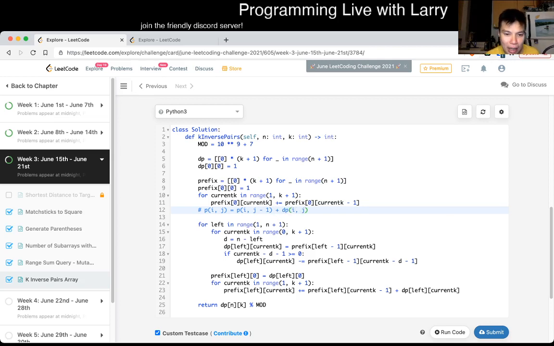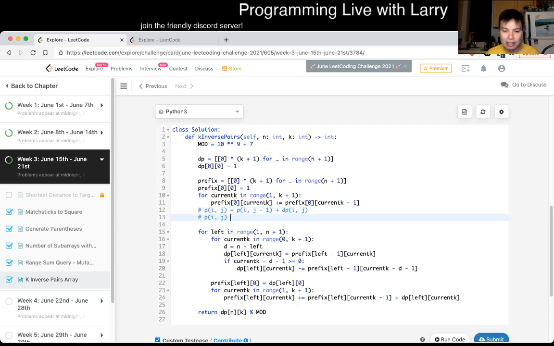And what does this mean, right? This means that if you expand it out, then P of i j is equal to dp of i j minus 1 plus dp of i j plus P of i j minus 2. So this is just expanded out. I hope this makes sense.